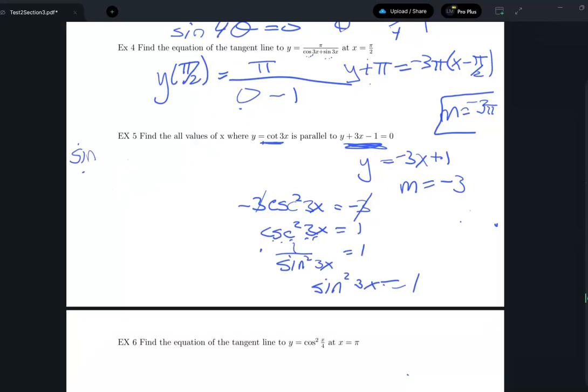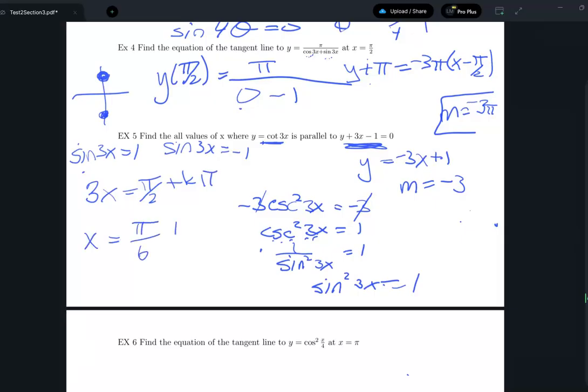So I'll have sine of 3x is 1, and sine of 3x is negative 1. Thinking about our unit circle, sine of an angle will be 1 at pi over 2, and sine will be negative 1 down here at 3 pi over 2. So I can say that this angle 3x has got to be pi over 2 plus k pi, and then I can divide through by that 3. There are my answers.